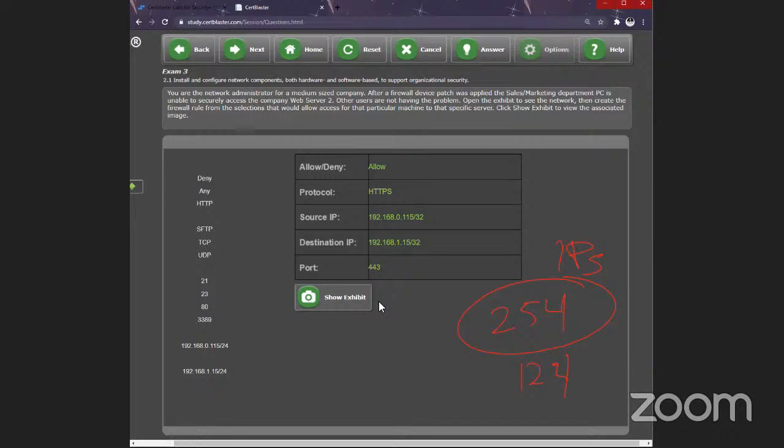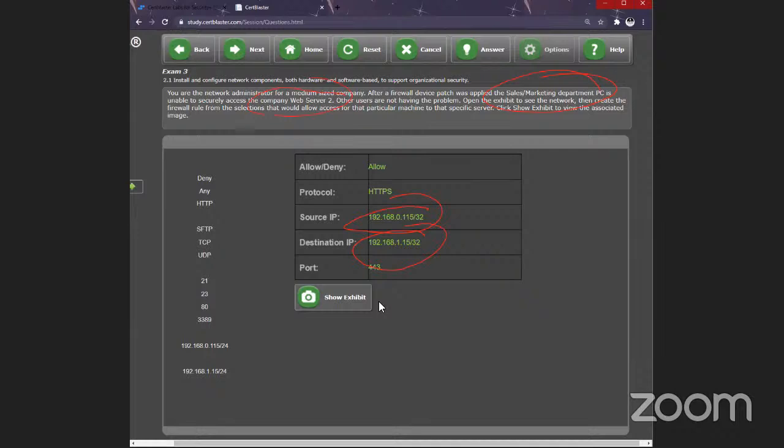/24 means you have this many IPs available, or this many hosts. And /32 means you have one system available. The reason we pick /32 here is because they're only talking about one PC and one web server.